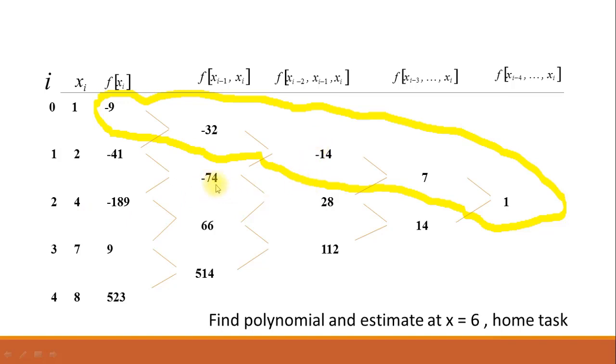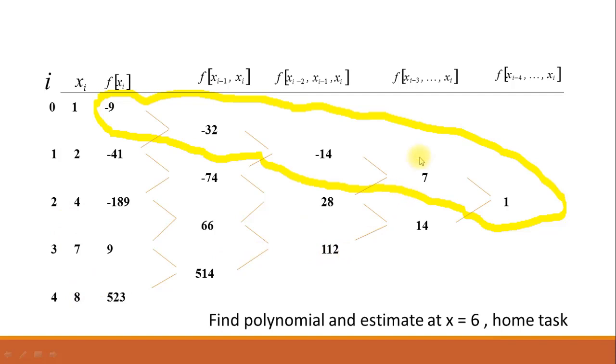Now subtract minus 74 from 76, skip this number and subtract 2 from 7, and then divide the difference of these numbers by the difference of 2 and 7, we get 28. Now subtract 66 from 514, and in this column skip 7 and subtract 4 from 8, and then divide the difference of these numbers by the difference of 4 and 8, we get 112.